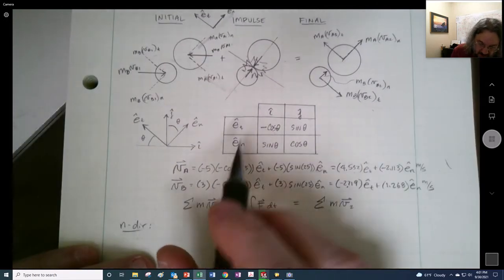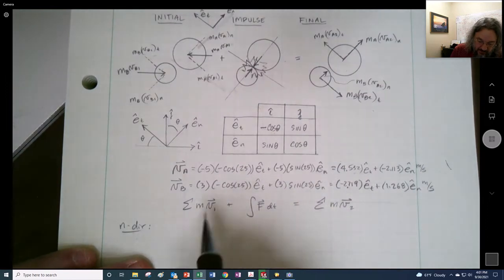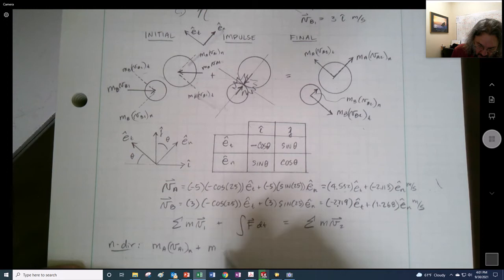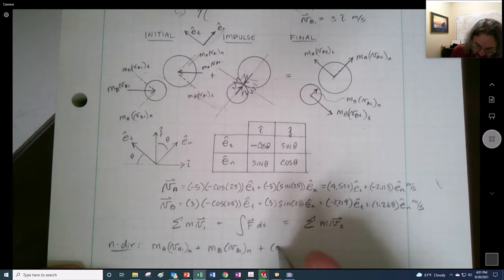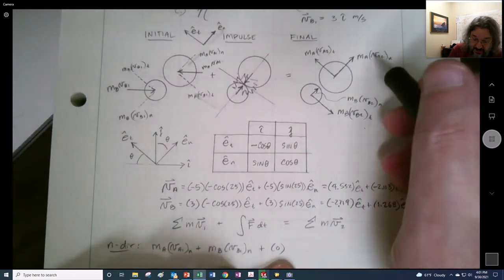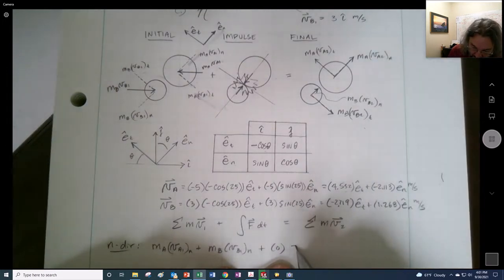So let's take the velocity, and I guess I can write this as symbols. MA times VA1 normal plus MB VB1 normal plus nothing, because the impulses cancel each other out in the normal direction. And now here is where I'm going to keep the signs.